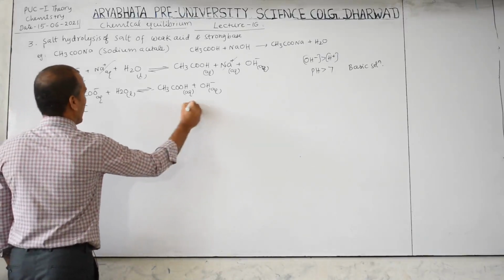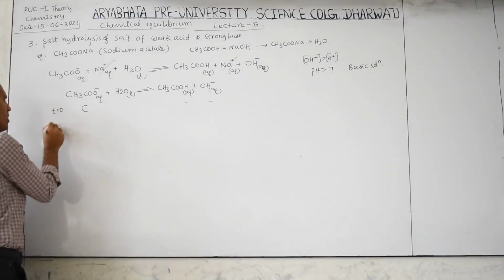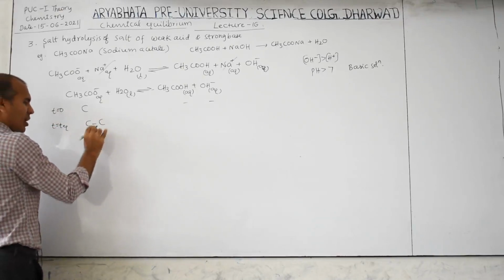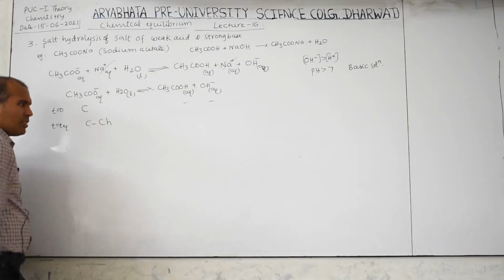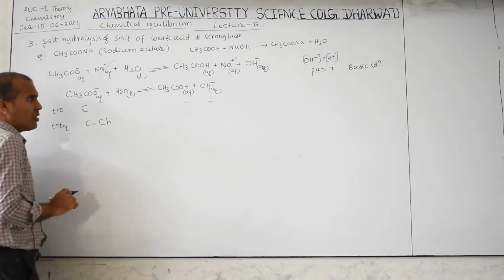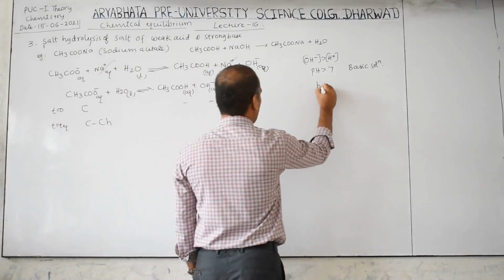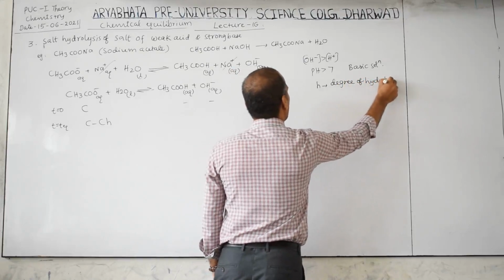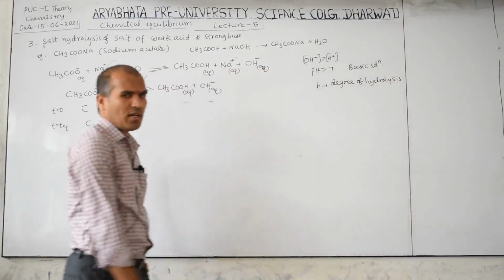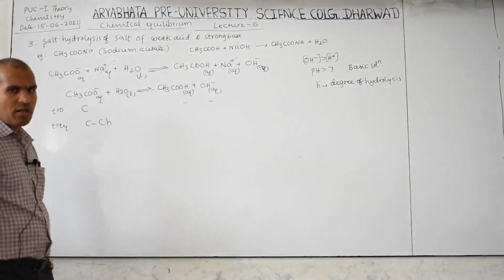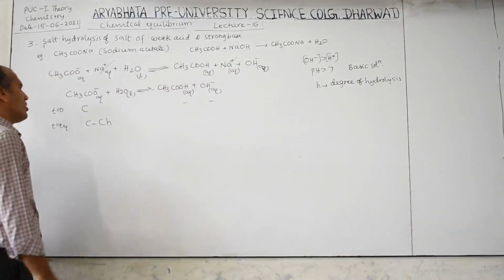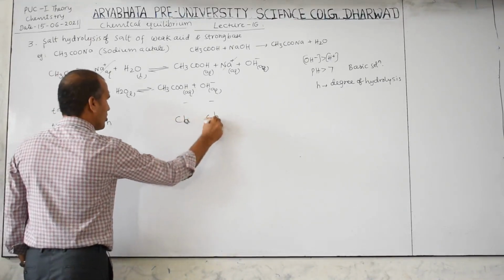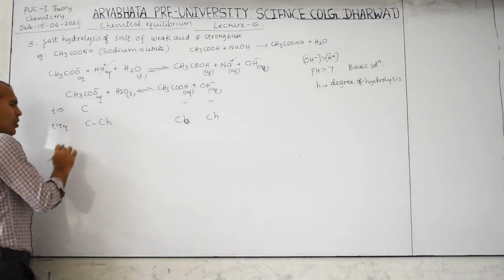Here at T equal to 0 time, then at T equal to equilibrium time, it is C minus C alpha, where alpha is represented as h. This is called the degree of hydrolysis. If you don't know, note down: h is known as degree of hydrolysis. Alpha is the degree of dissociation or ionization; here it is the degree of hydrolysis. Then here it is Ch, and this is also Ch.